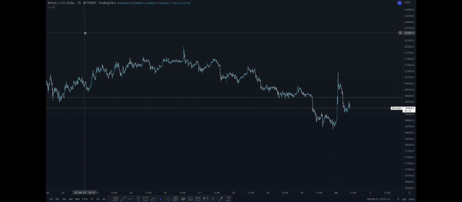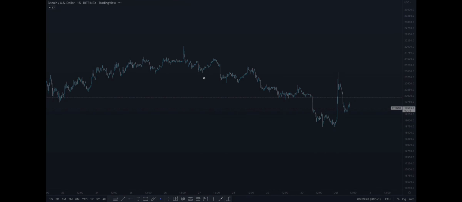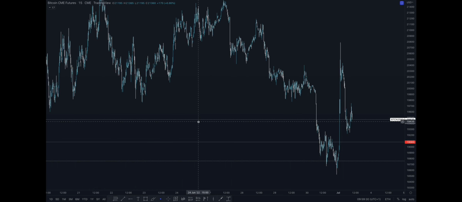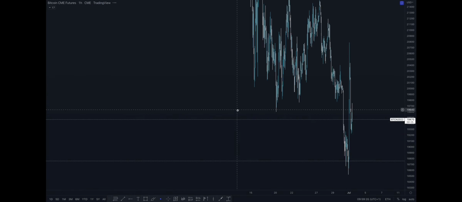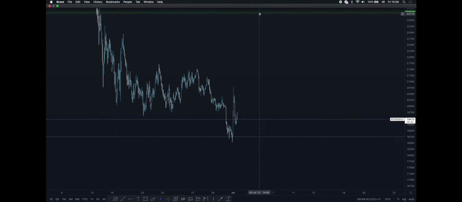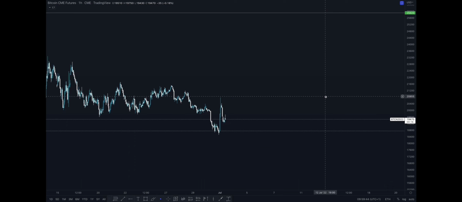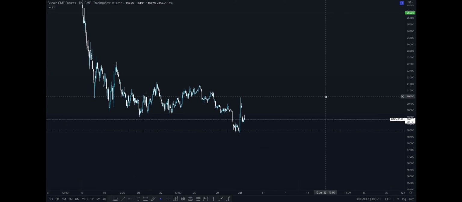There's one other concept, I suppose, that should be added to this, which is the CME. So Bitcoin CME futures. The CME is the Chicago Mercantile Exchange. It is traditional finance. The US markets trade on the CME. They trade a number of things, obviously, New York Stock Exchange, etc. But the CME is a large, well-established, prestigious exchange, and they offer Bitcoin futures.